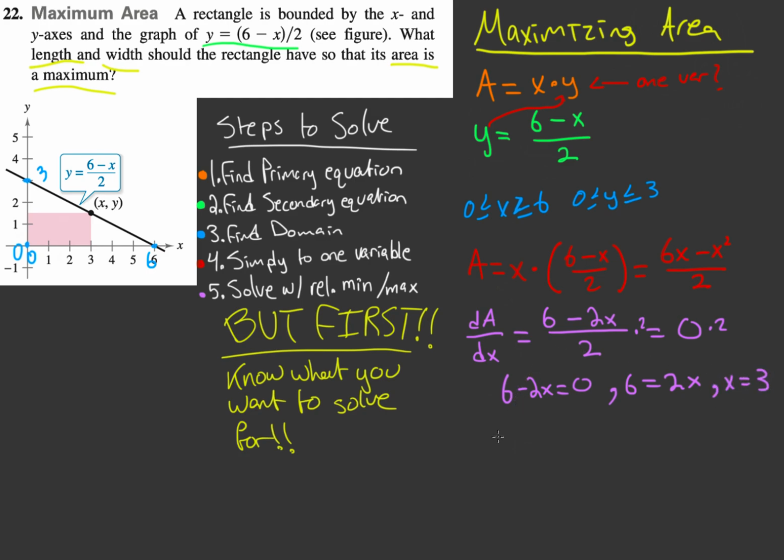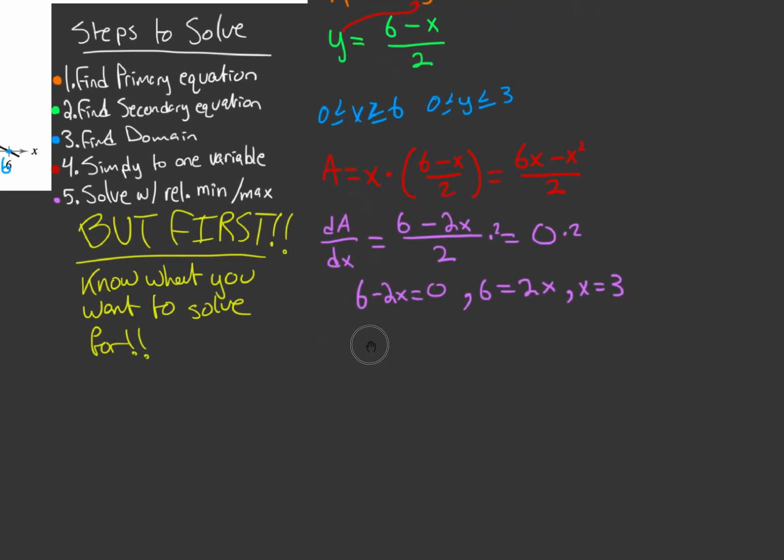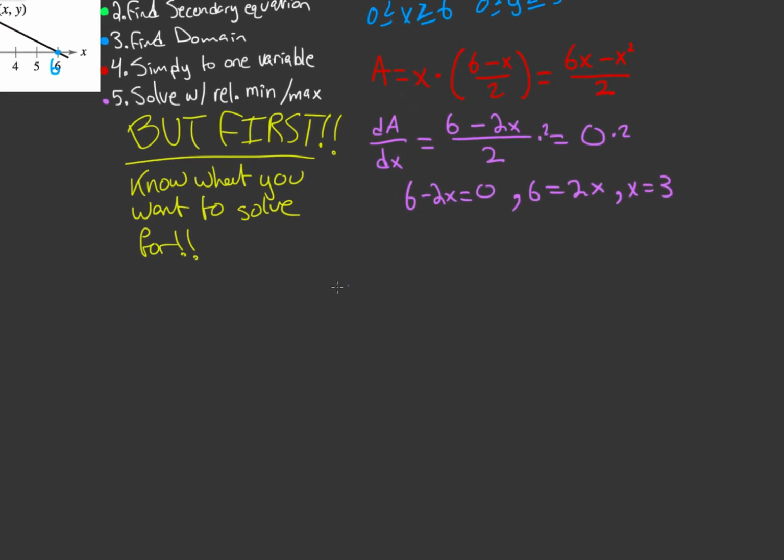Now we can use the first derivative test in order to start solving for this. As x is equal to 3, this whole equation is equal to 0.